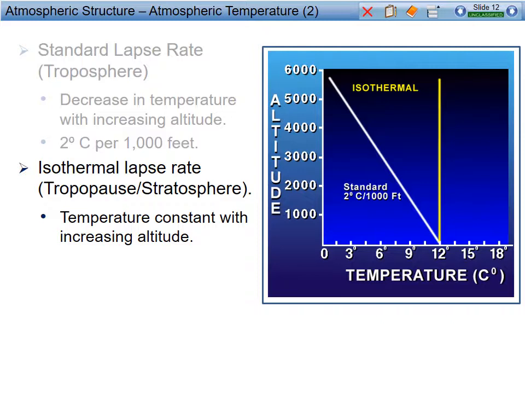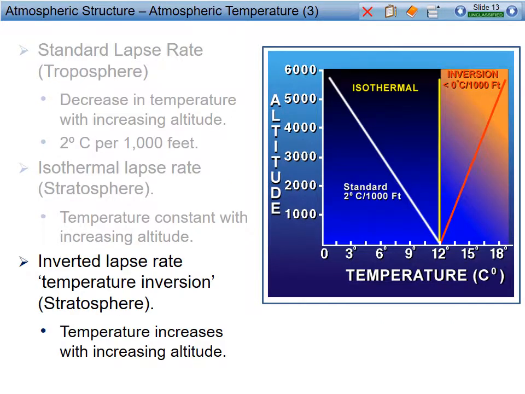And then once you reach the average height of 66,000 feet is where we see our temperature inversion. And the temperature will increase with altitude. We do not discuss a standard lapse rate for this inversion to take place, only that it occurs in the stratosphere and around 66,000 feet up to the top of the stratosphere.